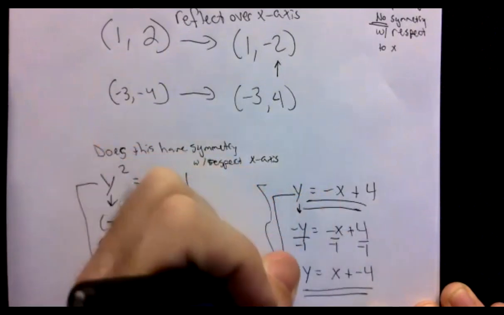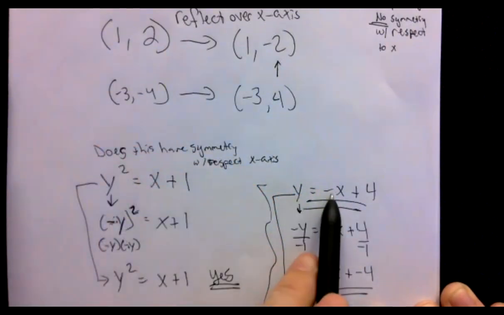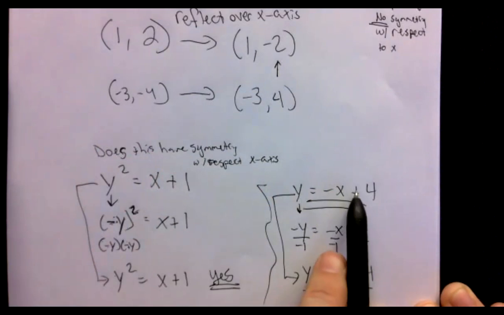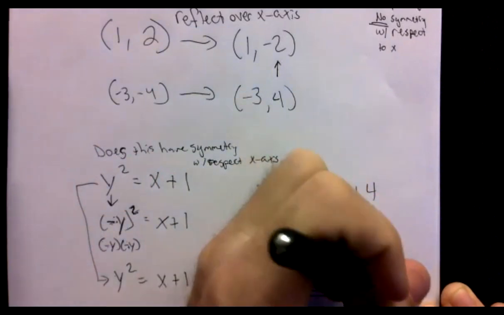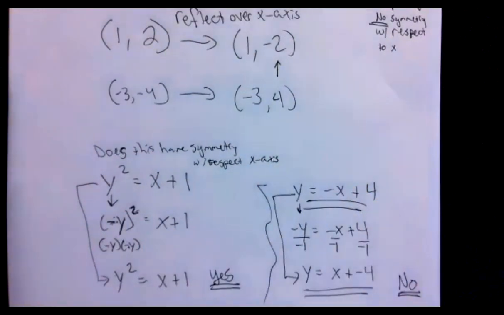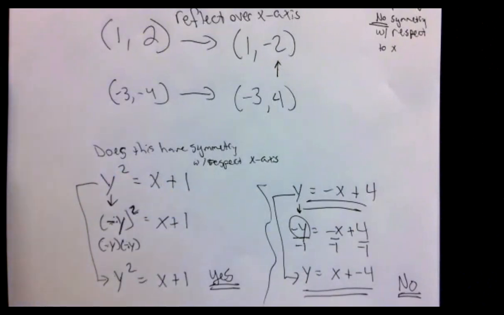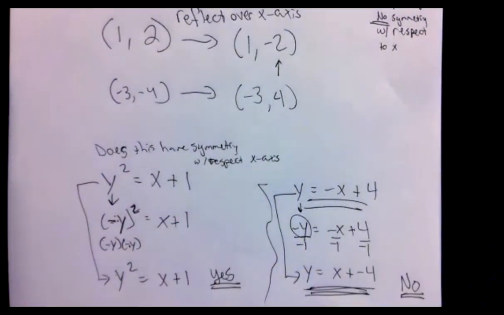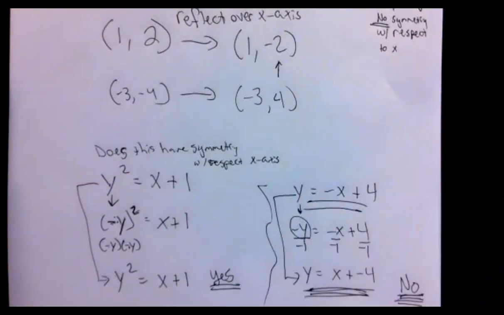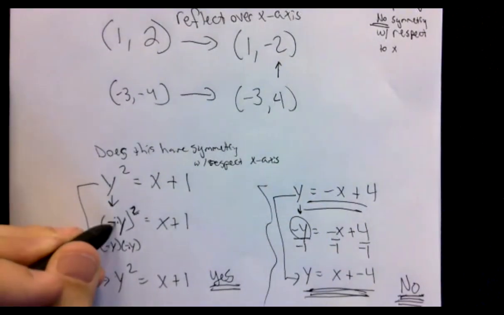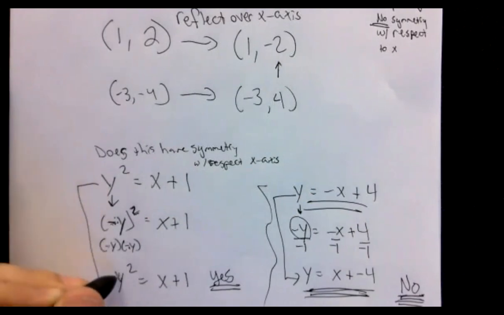And that's not the same thing. Those are different. Negative x compared to positive x, positive 4 compared to negative 4. So this particular function would not have symmetry. So if you plug in negative y and you get a different function, then there is no symmetry with respect to x. If you plug in a negative y, but you still end up with the same function, then you do have symmetry.